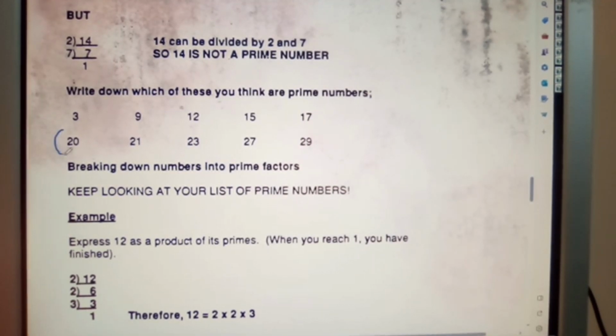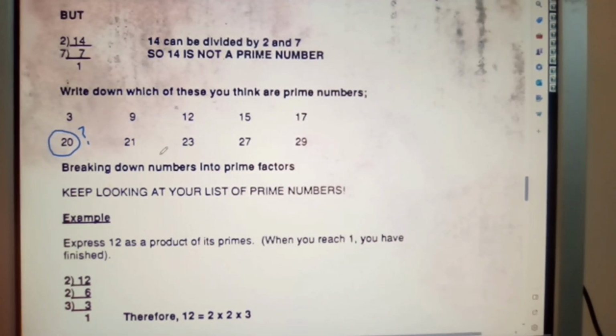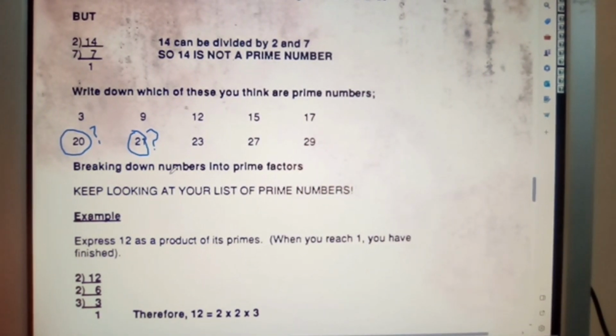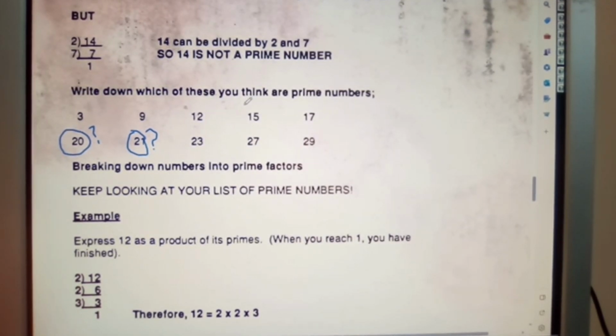Would this be a prime number? Question. Would this be a prime number? Again, question. But I'm leaving that for you to answer. As you can see, would this be a prime number?